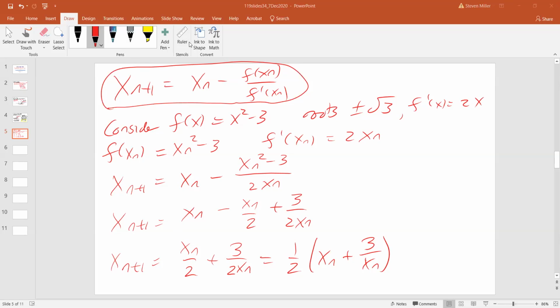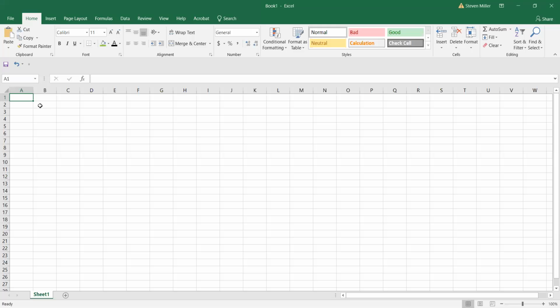So let me quickly go to Excel. Okay, so Newton's method for x squared minus 3 equals 0.